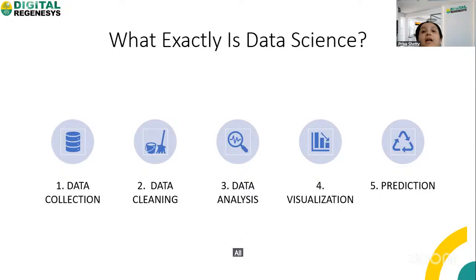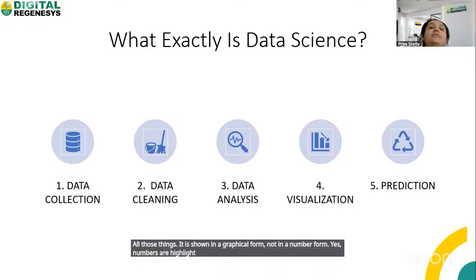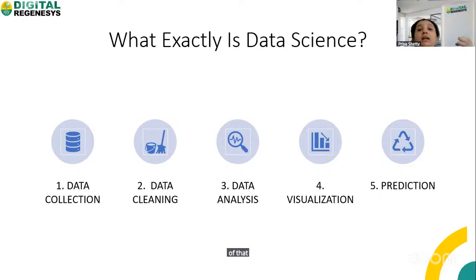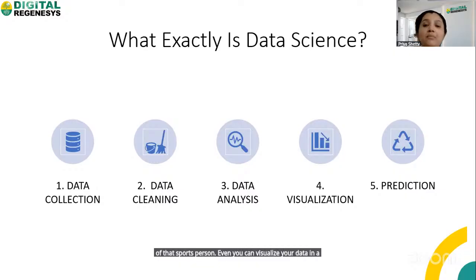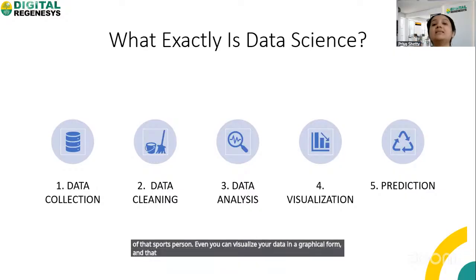All those things are shown in a graphical form, not just in number form. Yes, numbers are highlighted, but even a graph is displayed to us. They are showing us visually the report of that sports person. Even you can visualize your data in a graphical form, and that process is called data visualization.